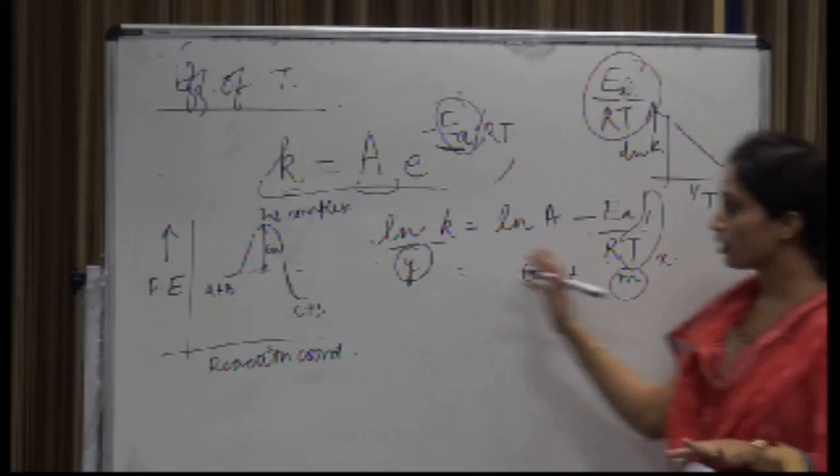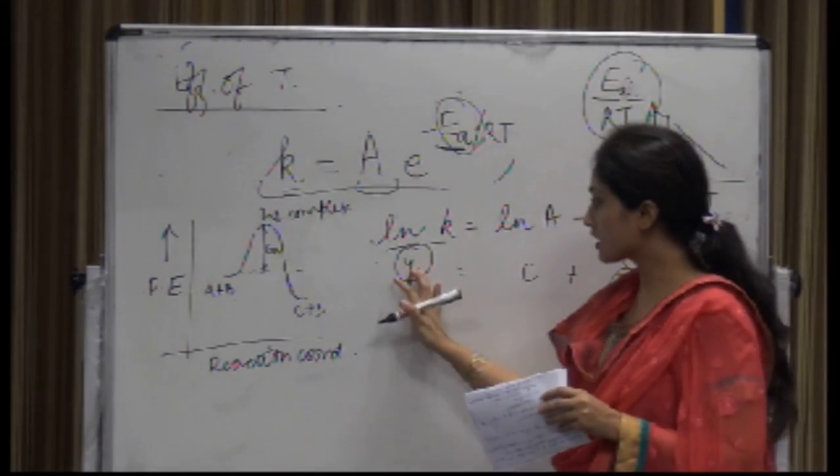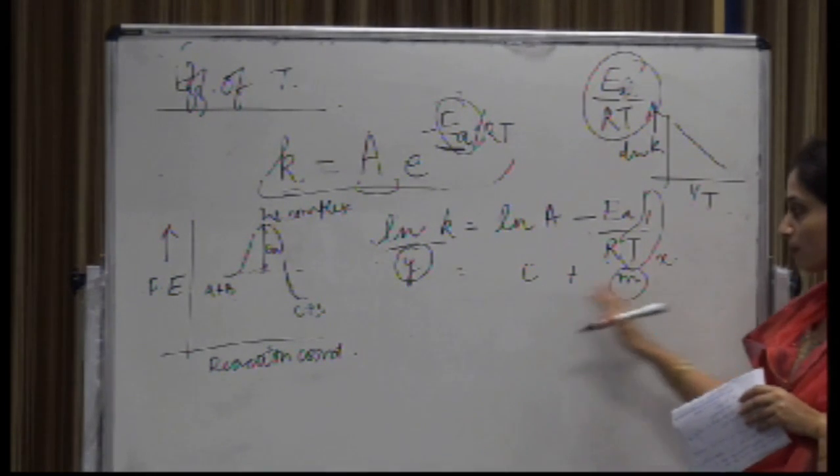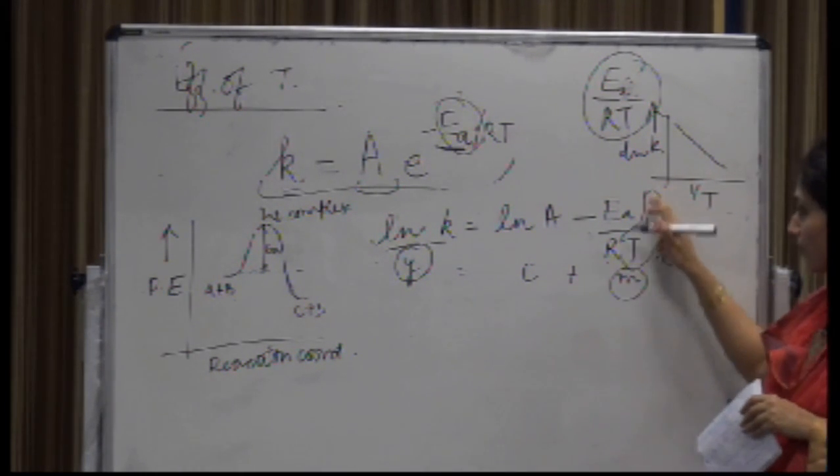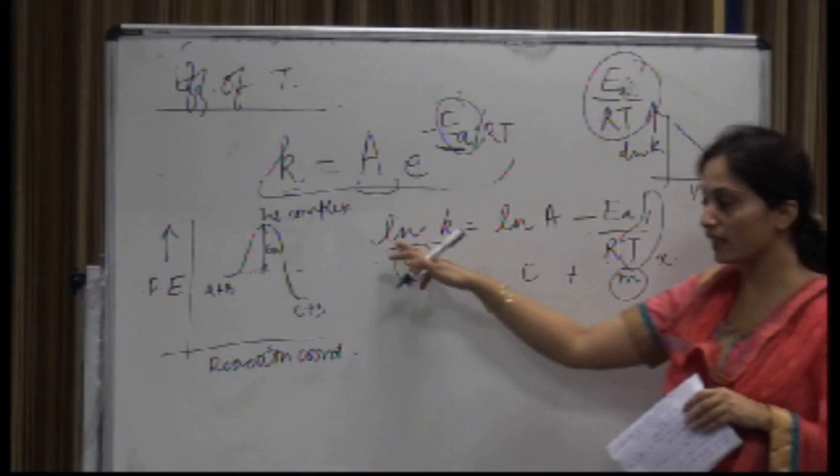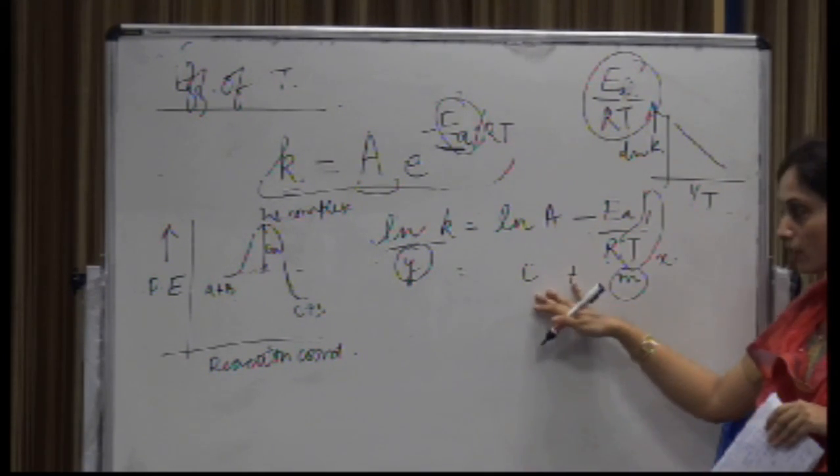I repeat, you know the straight line graphs. It is simply a y is equal to mx plus c graph. What is our x? 1 by T. What is y? ln k. Just look at the equation you can form.